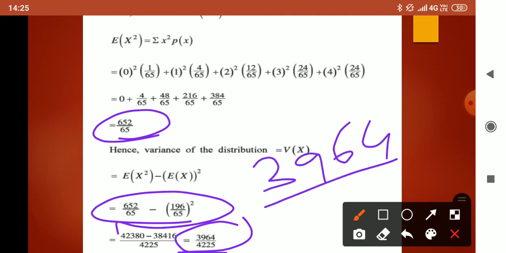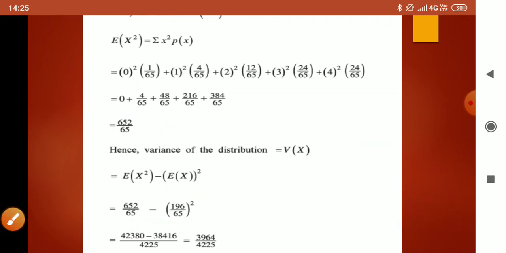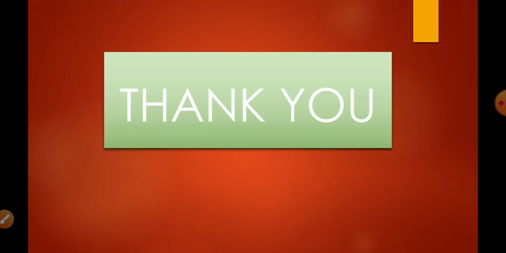Your final answer is this. Okay friends, in this way, for a discrete random variable, a discrete probability distribution, you have to find the k constant like that and then the mean and variance. Thank you everyone.